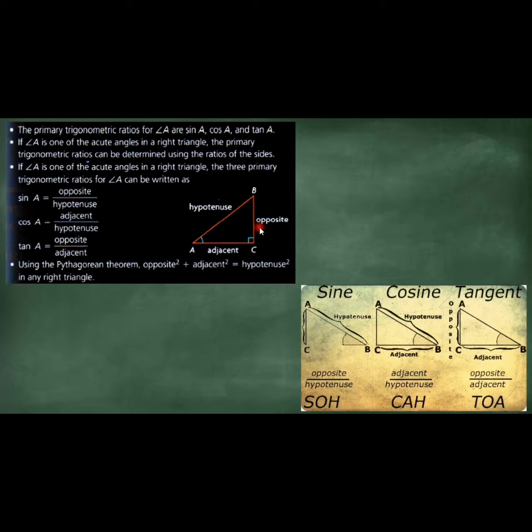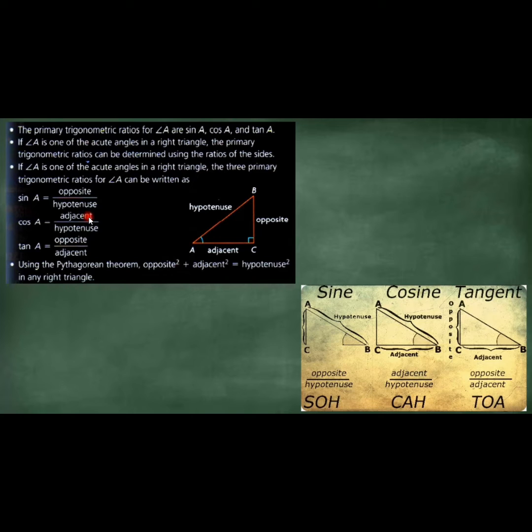Related to angle A, this side is called the opposite side, this side is called the adjacent side, and this side we already know is the hypotenuse. Opposite over hypotenuse, we call the ratio sin A. Adjacent over hypotenuse, we call the ratio cosine A. And opposite over adjacent, we call tangent A. So sin A equals opposite over hypotenuse, cosine A equals adjacent over hypotenuse, tangent A equals opposite over adjacent.